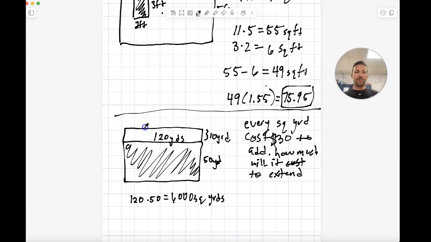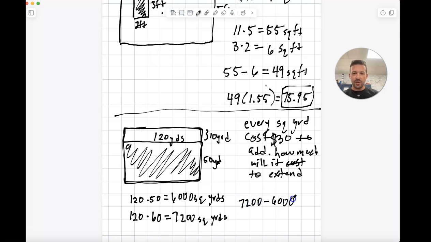But now my full field, because I have a soccer pitch, I need to add on to it. It's not going to be 50, it's going to be 60. So 120 times 60 is 7,200 square yards. So we added on 7,200 minus 6,000, which is 1,200 square yards.